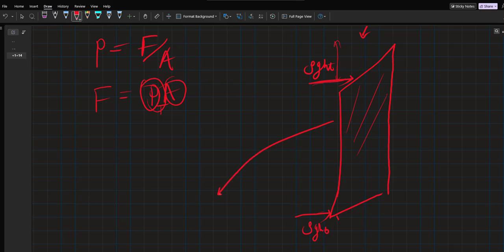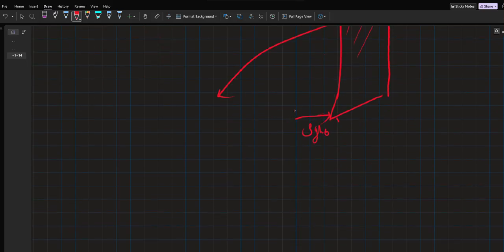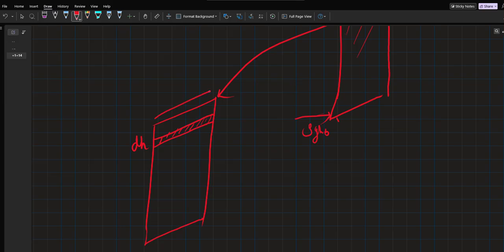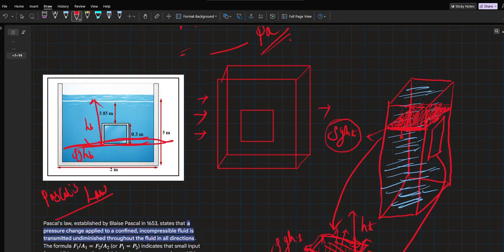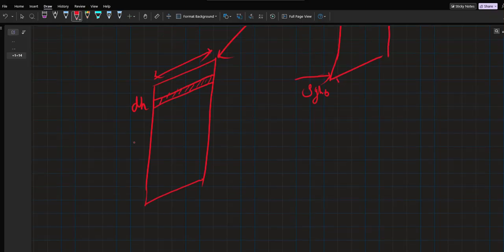So here what we'll do is take a small area. This is the window. We take a small strip whose height is dh. Let me draw it again. The side of the window is already given here, which is a.